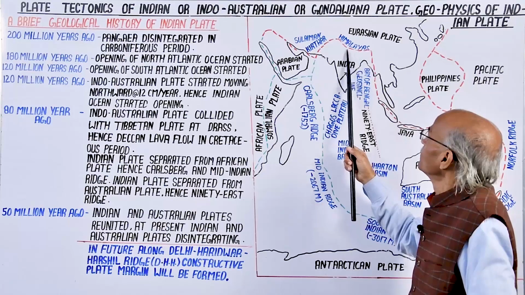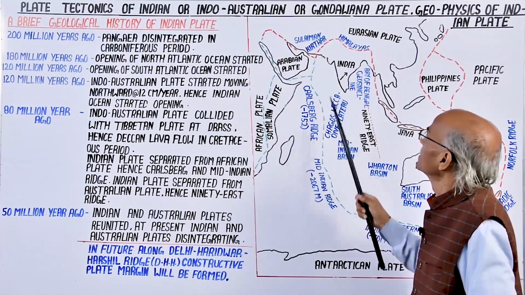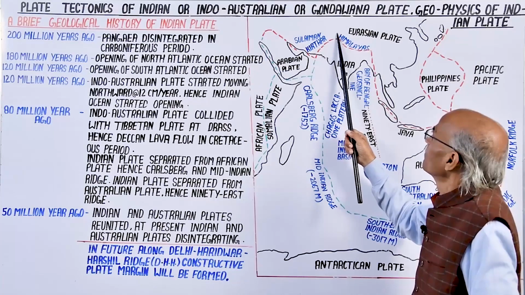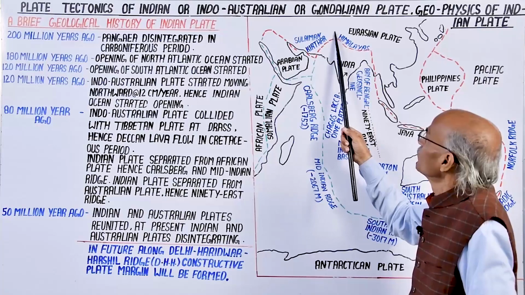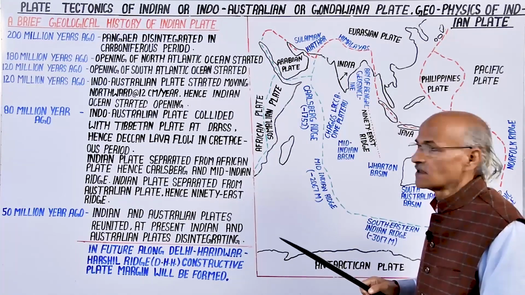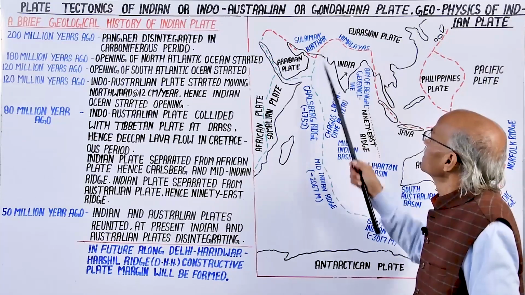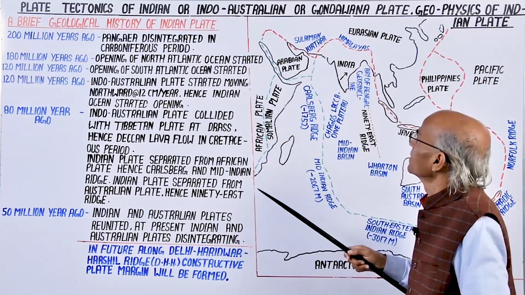We move westward along this destructive Indian plate margin, reaching up to the Pamir Knot. From that point, moving southwestward, here again is a destructive plate margin, where two ranges, Suleiman and Kirthar, are located.